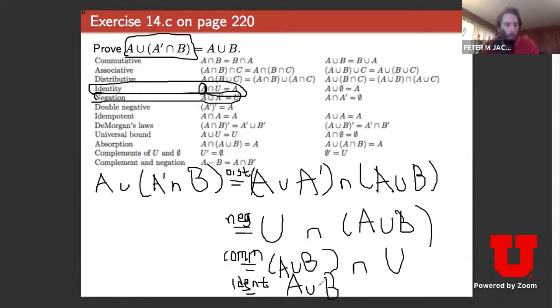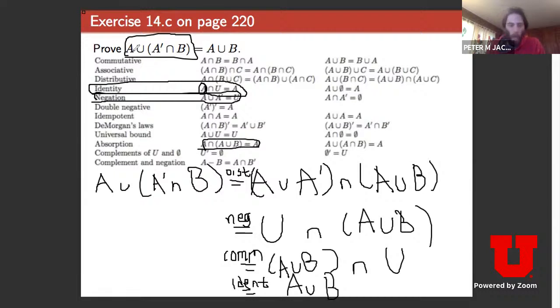Okay, so Mike has a question. Given that we have the original statement, could we apply absorption to try to prove that the left-hand side is A? So, okay, that's a little bit tricky. Actually, if we look at absorption here, this is a good question. It seems very tempting, but the problem is that we don't have a common term.